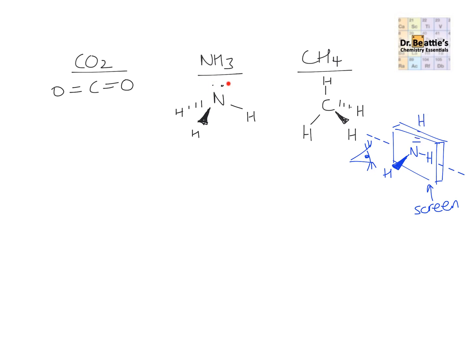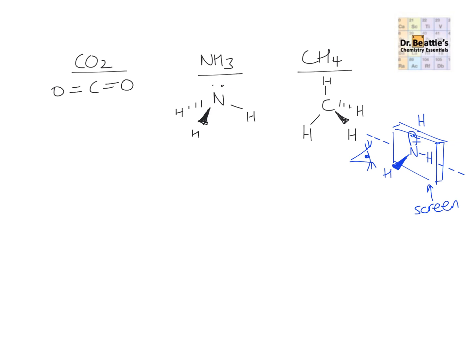And these two electrons, what we call a lone pair, are also in the same plane as the screen, but they are going to be pointing upwards. And you can represent a lone pair of electrons with this lobe, okay? So it's just this weird shape here that's just showing the space occupied by the lone pair of electrons in ammonia.